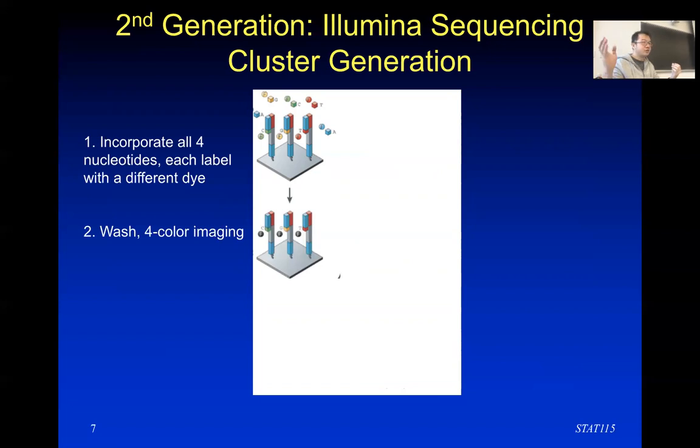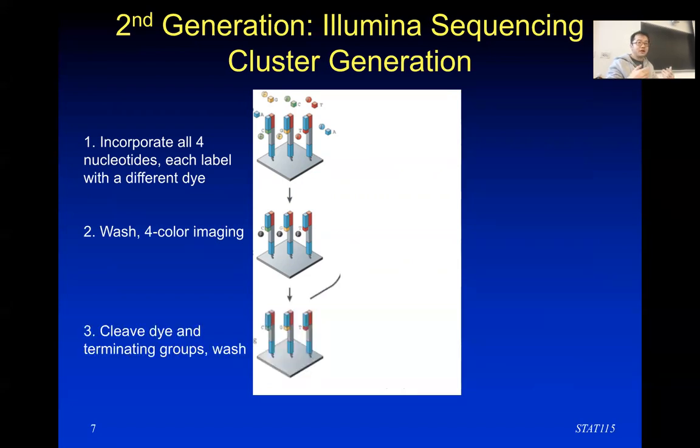And then the machine will wash away all the other flowing nucleotides that are not attached to the cluster, and take an image of the current state. That way, we have the color of all the attached nucleotides in the clusters.